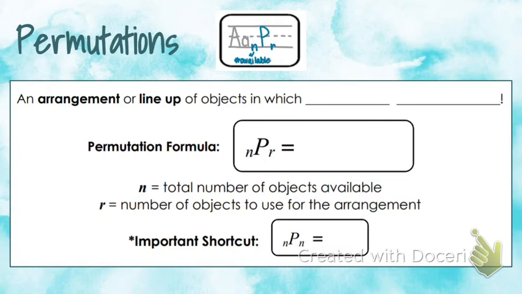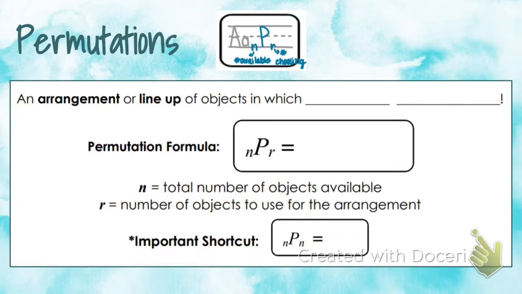It's written on your paper if you have it. And R is the number you're choosing. And this is going to make more sense in a second. We're going to do everything on the calculator. But I want you to understand how this is written, because a lot of people will make the P be an exponent or something like that, and that's not accurate. So it is important to me that you understand how it's written.